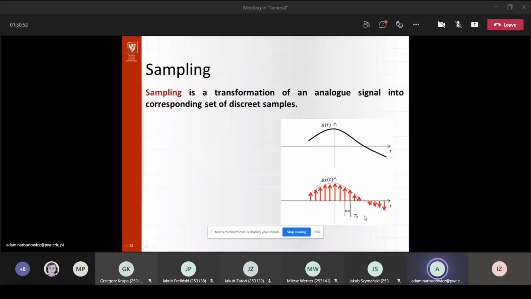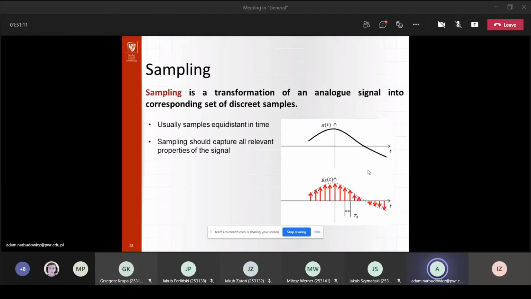So we have our continuous analog signal, and we discretize it with samples that are usually equidistant in time.